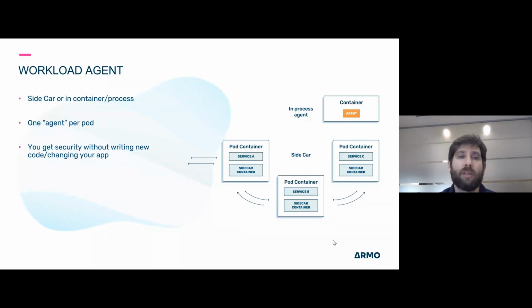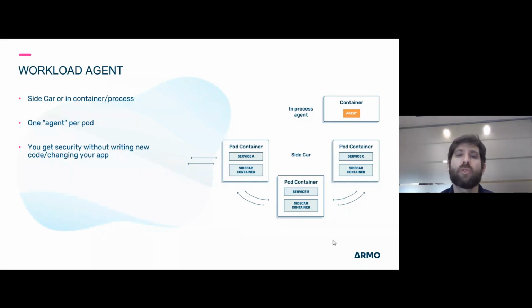Basically, it's one agent that runs inside your pod, and the promise of this approach is that you don't need to rewrite your code. You don't need to compile with it. So I'm not talking about Rust or other solutions where you need to change your code and integrate with an API.